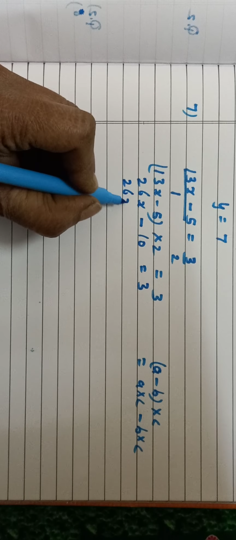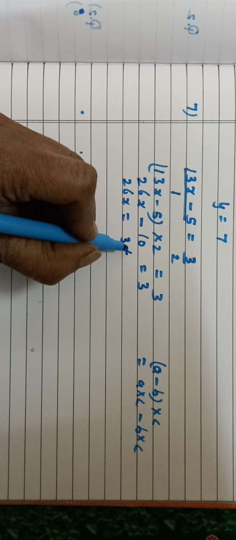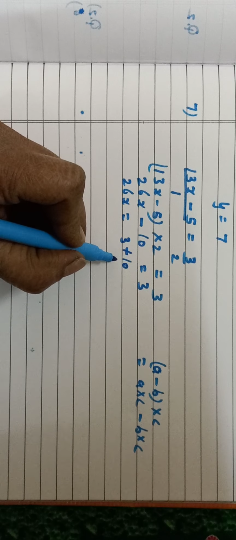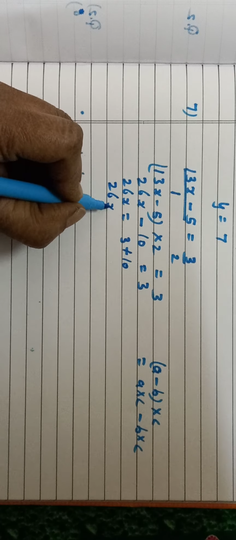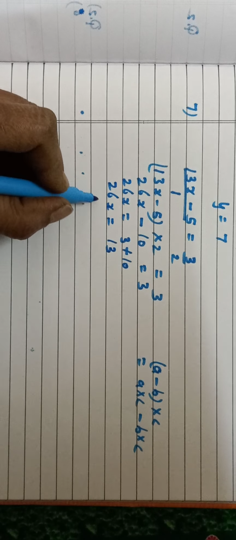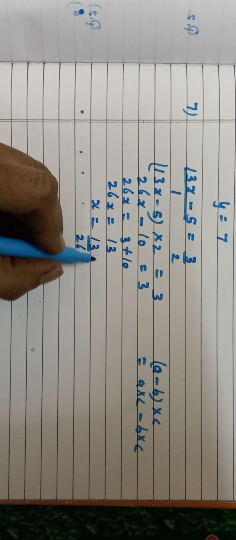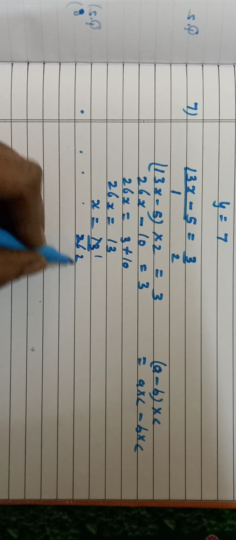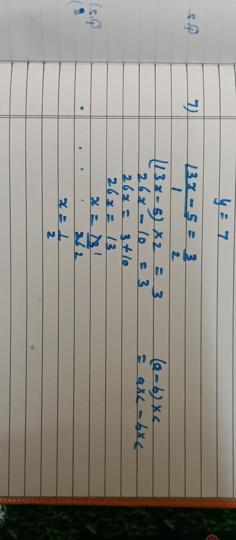So 26x is equal to, this you take it to RHS. So we will have plus 10. Minus 10 will become plus 10 because we are changing the sides. So 26x is equal to 13. So x is equal to 13 upon 26. Now 13 ones are 13. 13 twos are 26. So the x value is half, 1 by 2.